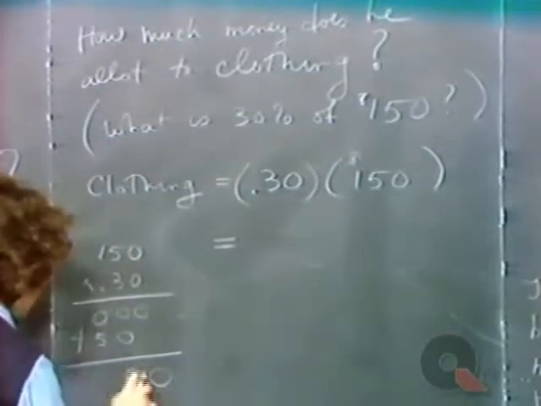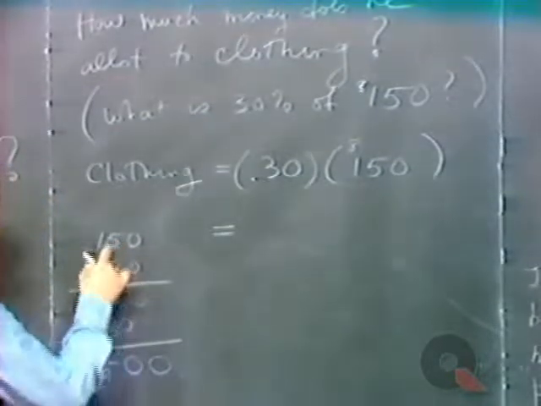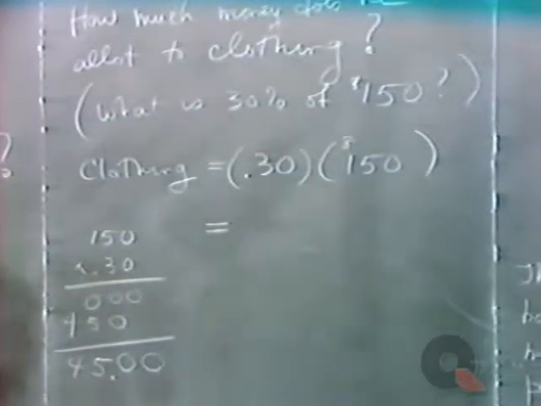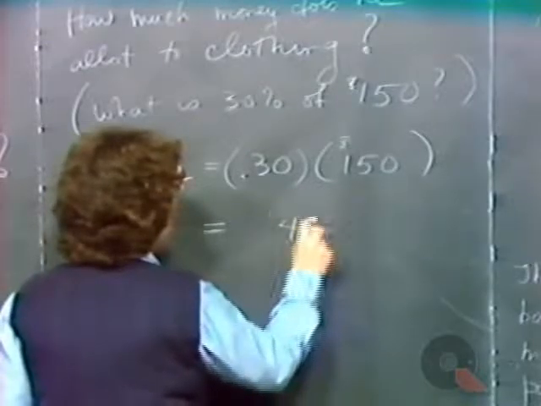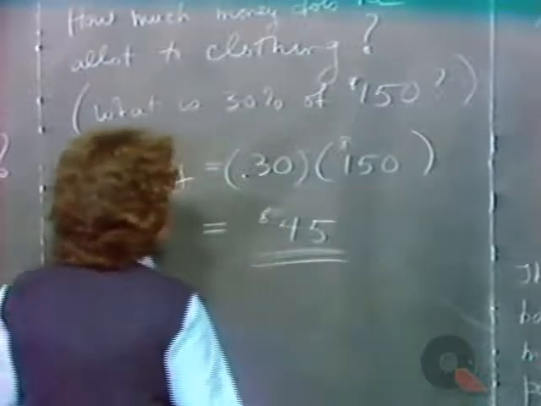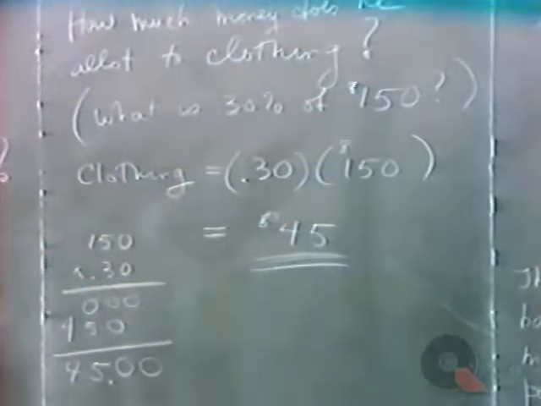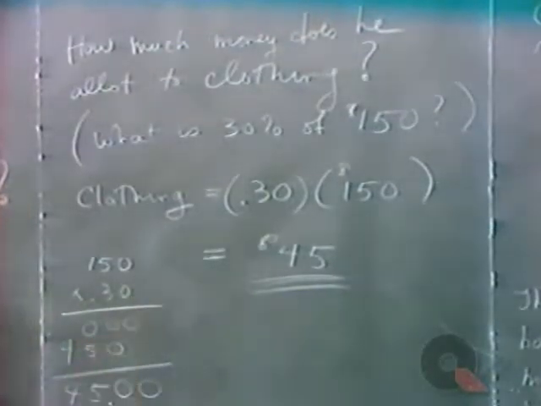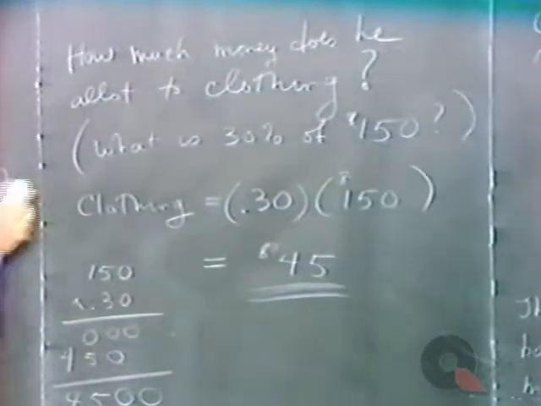Add up, put 2 decimal digits in the answer, so $45 allotted to clothing. Okay, you can look that over while I erase the board.